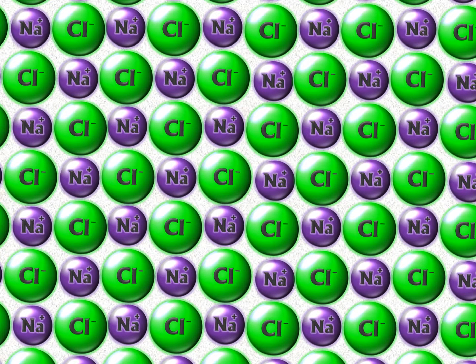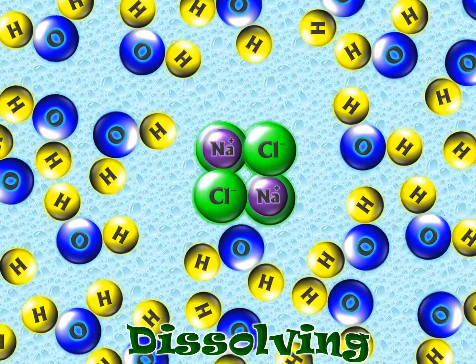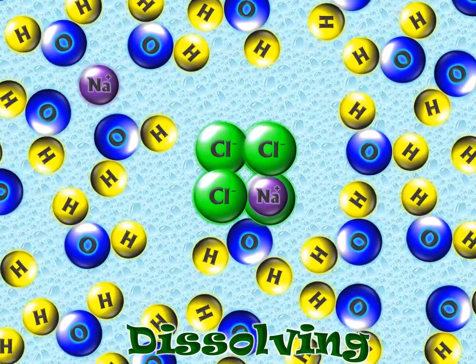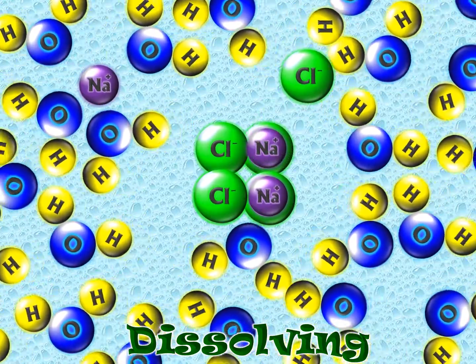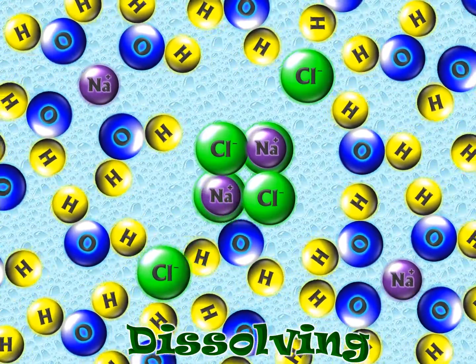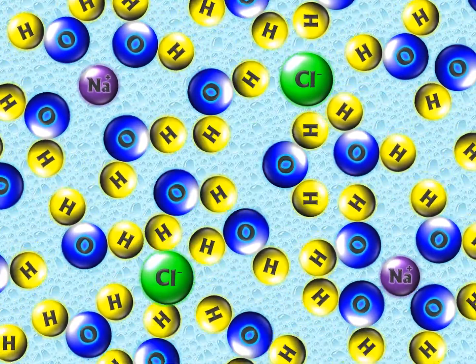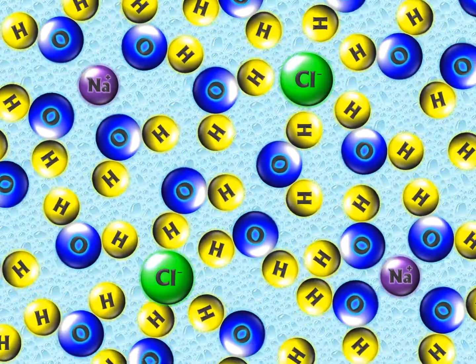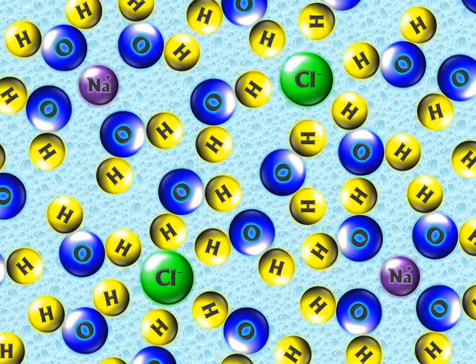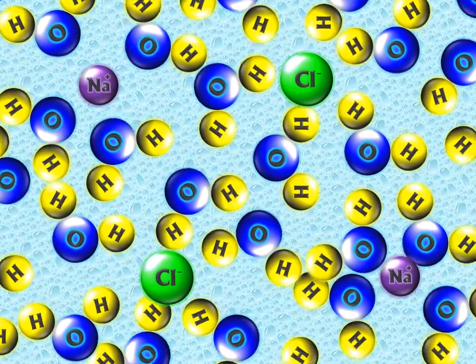Water comes along on the surface of the salt crystal, on the corners and the surfaces, starts shredding them apart, and so what you wind up with is, after the ions are pulled out of the crystal lattice by the surrounding water molecules, separated ions floating around in solution with water.